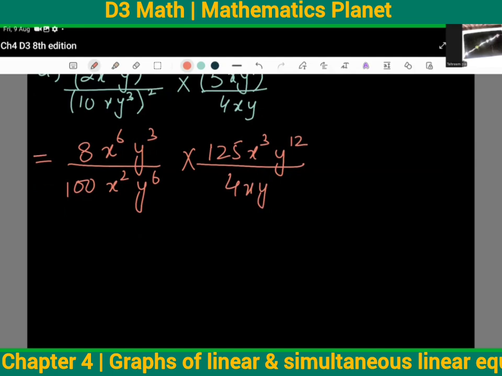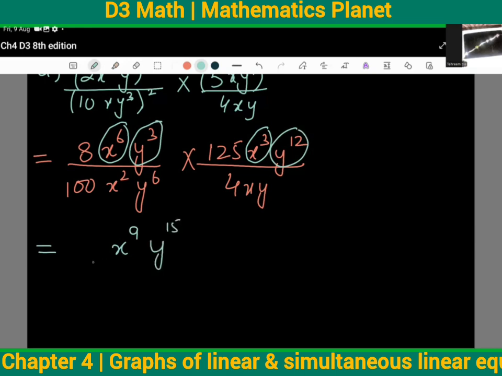Okay. So now let's do the cancellation part. First of all, we can work with the numerators. x⁶ and x³ in the numerator are going to give you x to the power 9. y³ and y¹², because in the numerator they are multiplying, so they will be added, y to the power 15.